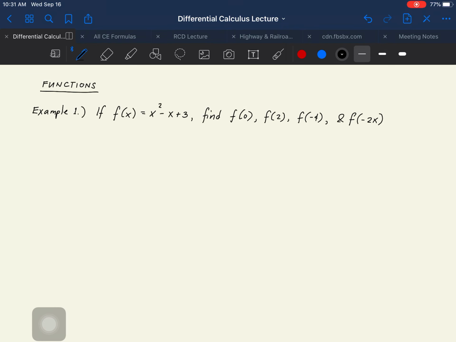Okay, what does this mean? So in the lecture notes I have given you, there is the independent variable and the dependent variable. So here, the f of x is your dependent variable. Why is this your dependent variable?